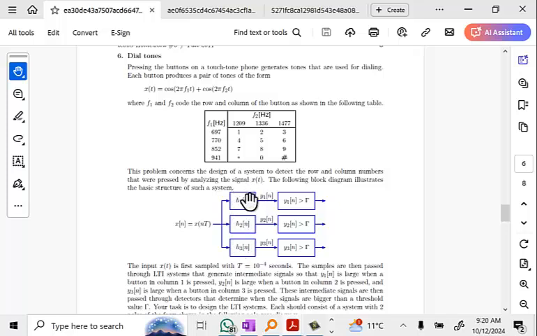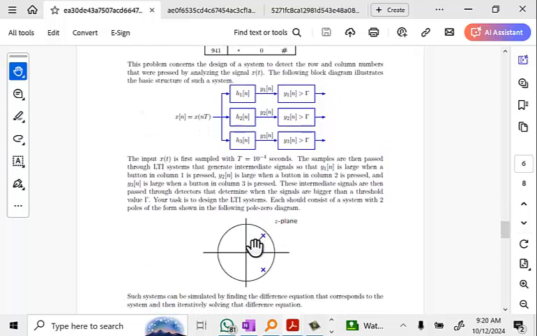And we want to find a system that responds largely to one of the frequencies and not so large with other frequencies. Now, what he says is that each one of these is going to be described by two poles.